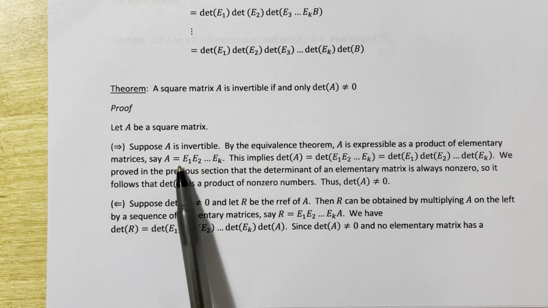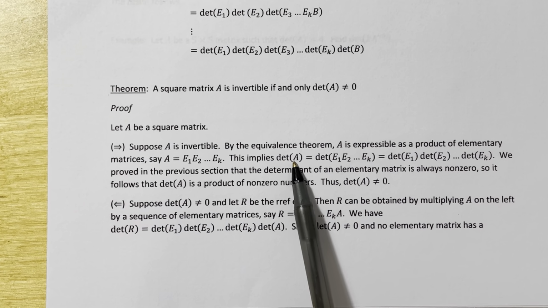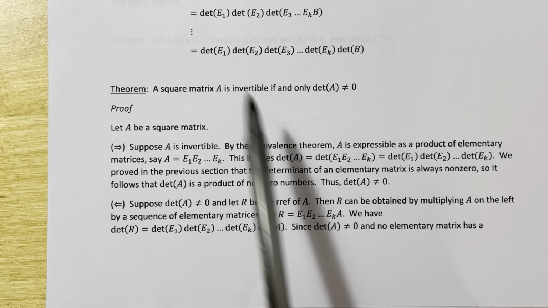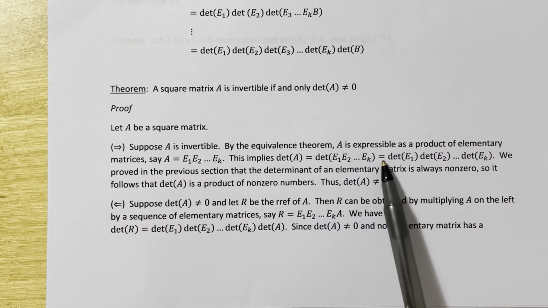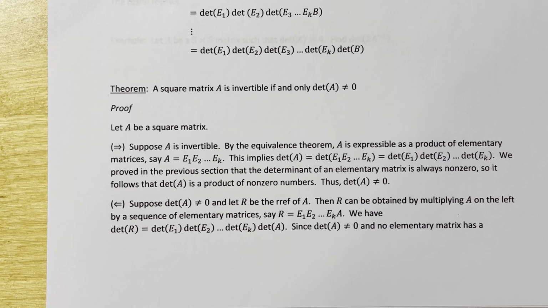Now, since these two things are equal to each other, their determinants have to be equal. Taking a determinant of both sides tells me that the determinant of A is equal to the determinant of all of these elementary matrices, which by that previous result can be represented as a product of all of these determinants. However, given that all of these are elementary matrices, we've already shown in the previous section that the determinant of an elementary matrix, regardless of which type it is, is always non-zero.